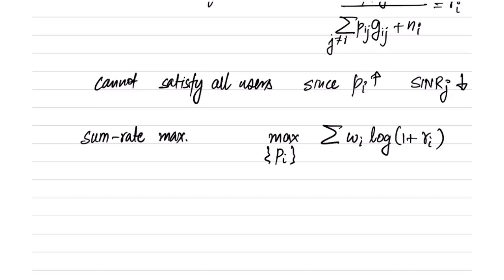This is subject to the constraint that the minimum over i of log of 1 plus gamma i is greater than or equal to the threshold rate. So I am maximizing this weighted sum of rates, while ensuring that each user is getting at least a minimum amount of rate.